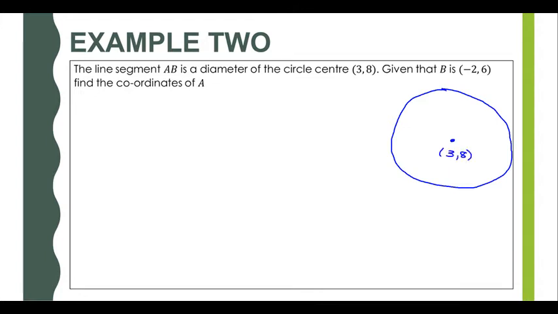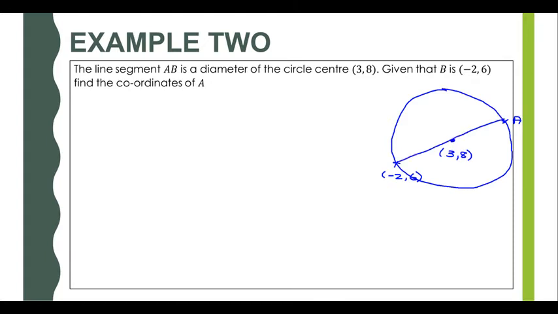And the point B is -2, 6. So -2 is to the left of 3 and 6 is down, so -2, 6 is roughly in this area. AB is the diameter, so point A will lie over here, and we want to find the coordinates of that point A.